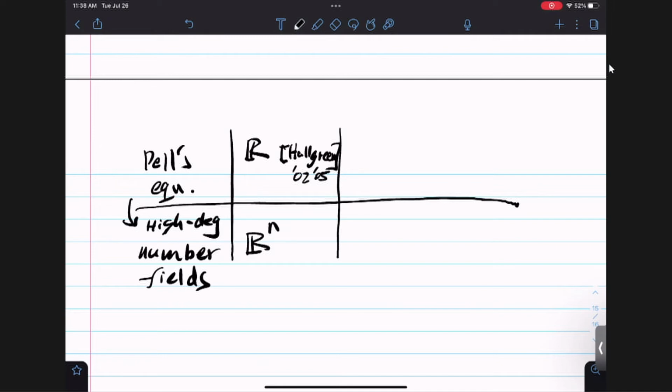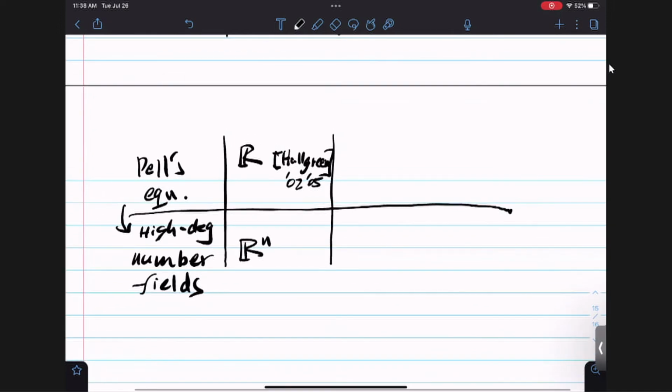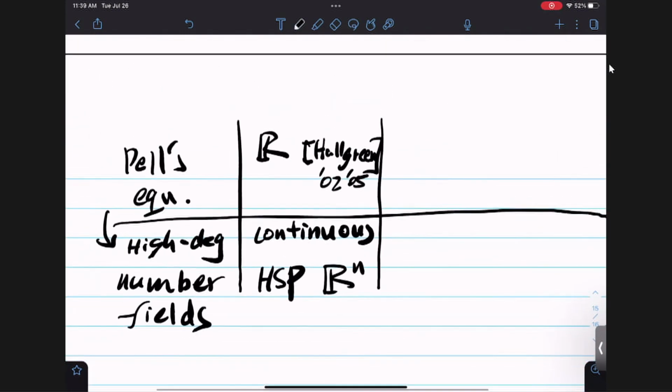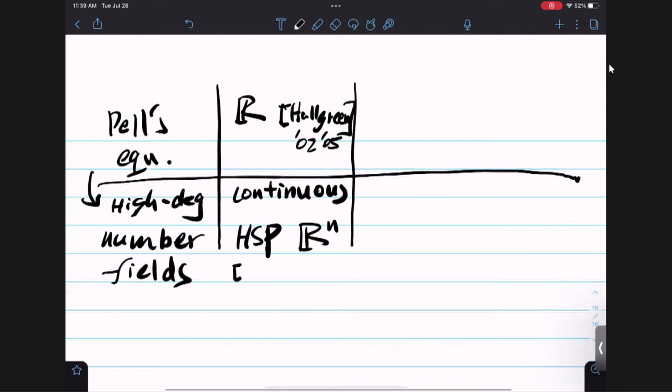But there are some technicalities, so we actually have to update the formalism of HSP, and I'm going to call it continuous HSP. This is work by my co-authors and myself in 14 and 16.